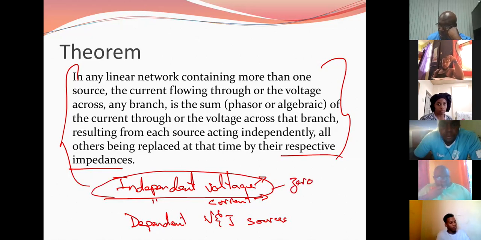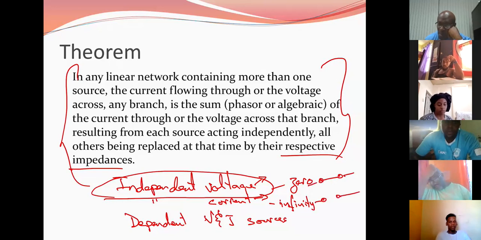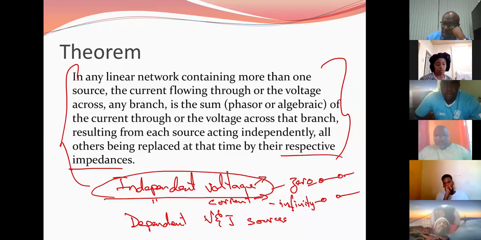And for a current source, the internal impedance is infinity. We represent 0 impedance by a short circuit. And we represent infinity by an open circuit. So those are the key things we need to note in applying the superposition theorem. Fair enough? And you're seeing all of that in your notes.